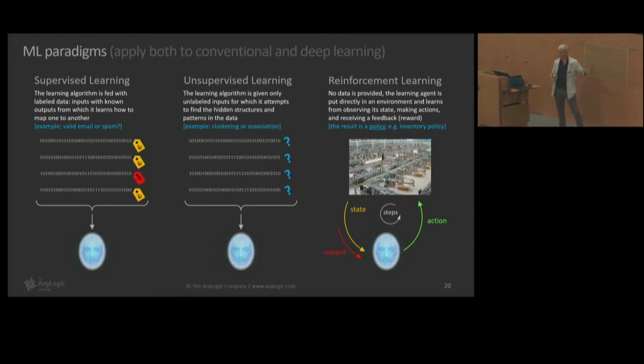There's no data, and AI is learning by trial and error, by interacting with a certain type of environment. So what happens is that the learning agent observes the state of the environment, takes some actions, and depending on the quality of the action, it is rewarded or punished.